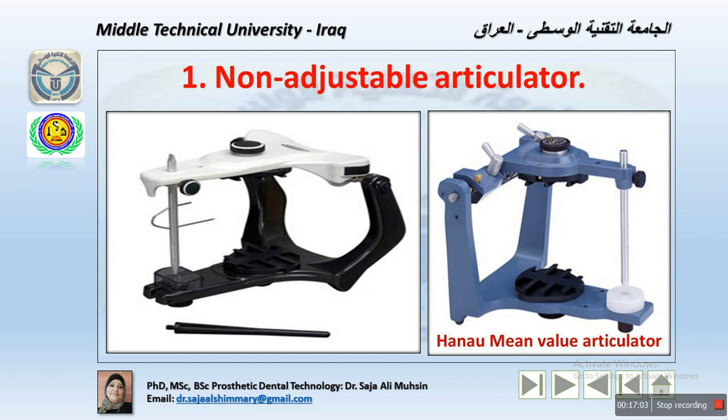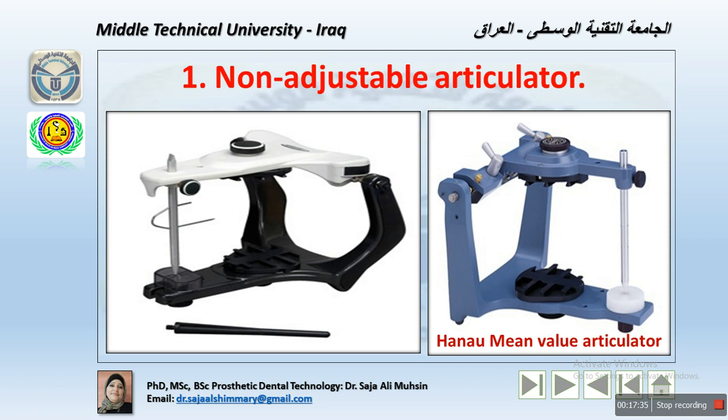The condylar guidance is equivalent to the glenoid fossa. So every slide I mention condylar guidance, just keep in mind it is the glenoid fossa in the mandible. Okay, because we have condylar guidance and the condylar element, which is equivalent to the mandibular condyle. So the condylar guidance mimics the glenoid fossa, and the condylar element mimics the mandibular condyle.